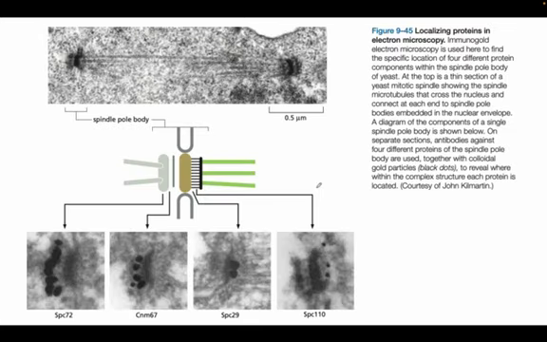Now, we already saw the concept of labeling proteins of our interest in fluorescence microscopy. We can use a similar concept in electron microscopy, called immunogold staining, or immunogold electron microscopy, which has the same idea.